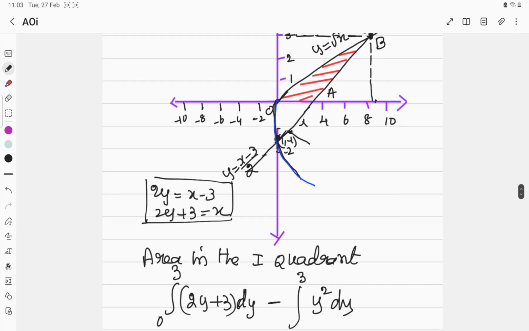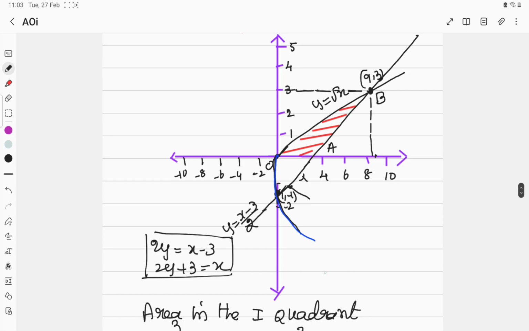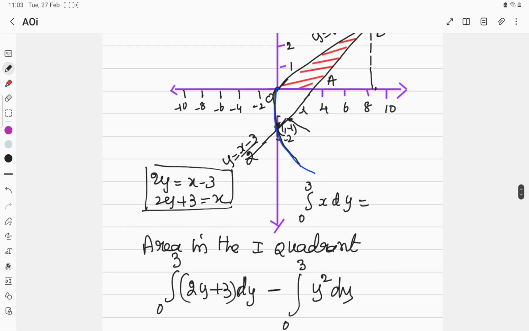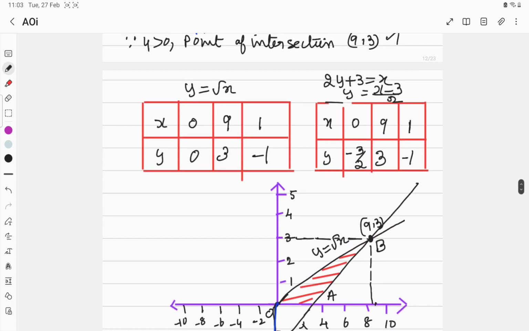Here we have to take area equal to the integral of x dy, taking limits of y from 0 to 3. So x dy, where x in the first case is the straight line, 2y + 3.